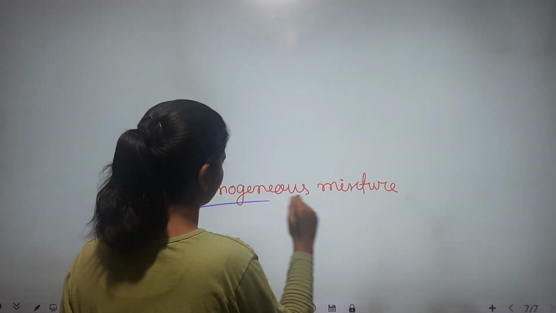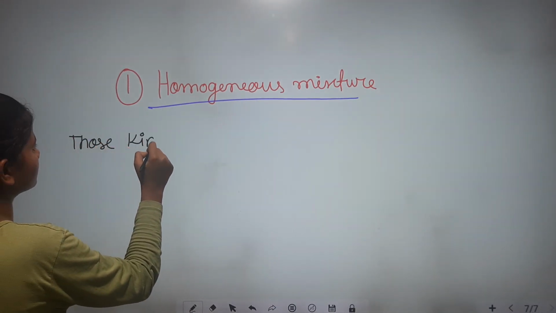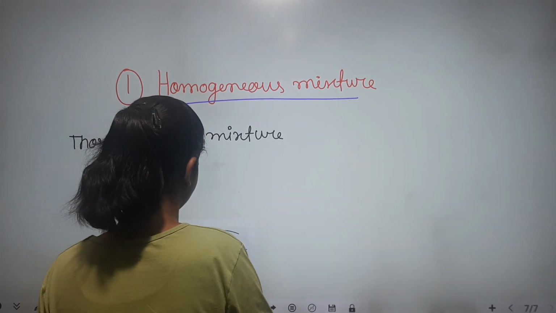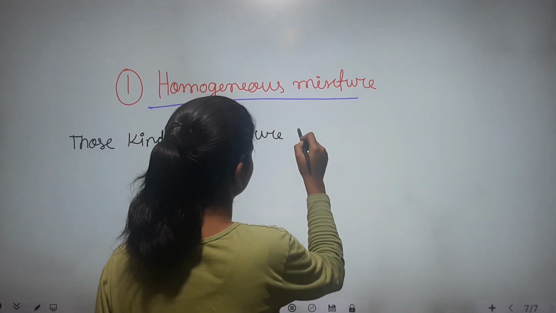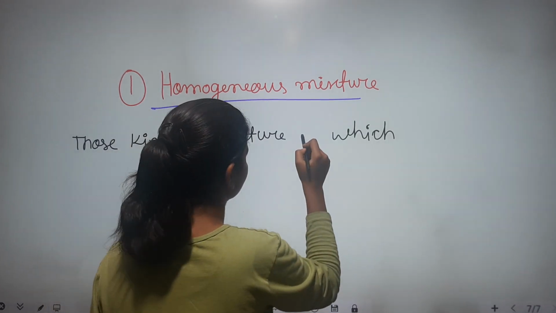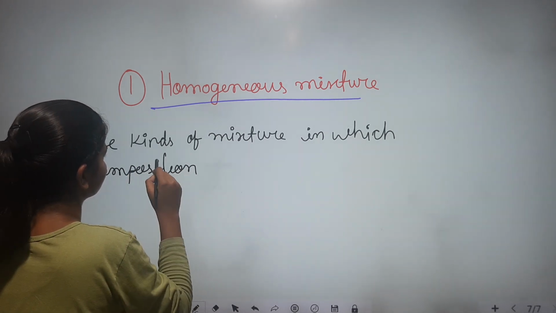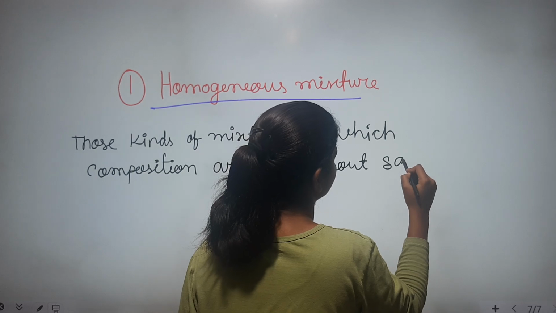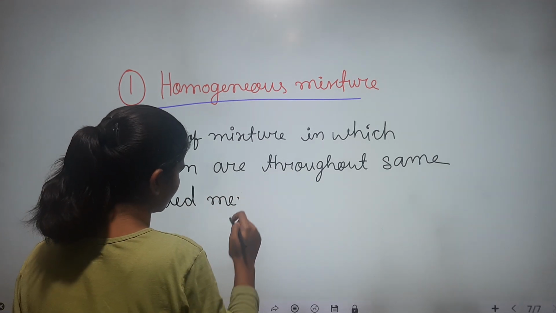Homogeneous mixture. Okay. Those kinds of mixture in which the composition is throughout the same are called homogeneous mixture.